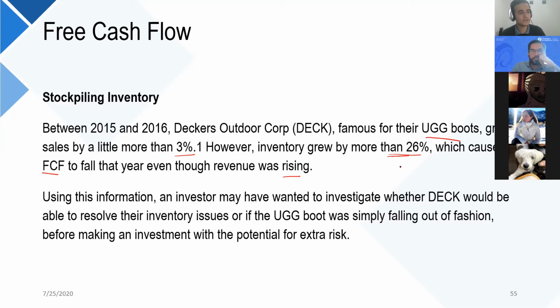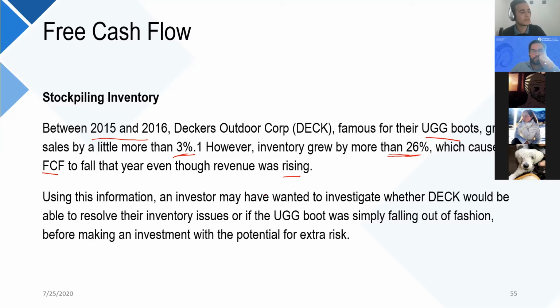So if you see that, it means that you are not moving your inventory as fast as you were expecting. Maybe the company was expecting to grow sales at twice 3%, and they just bought a lot of inventory of these boots, and at the end they didn't sell as many boots as they wanted. This actually happened in 2015 and 2016.